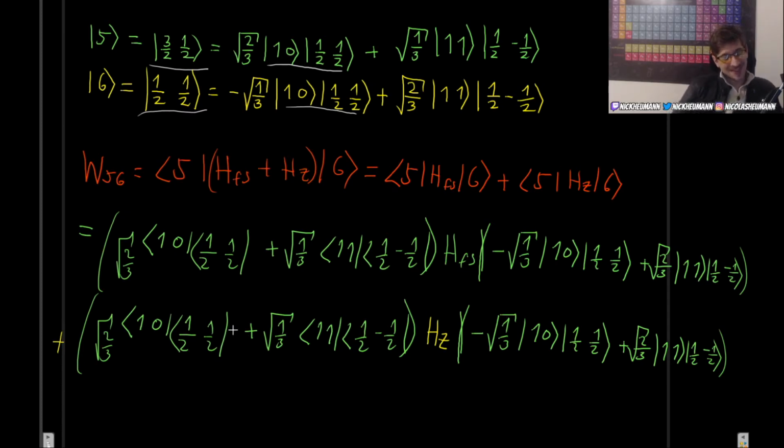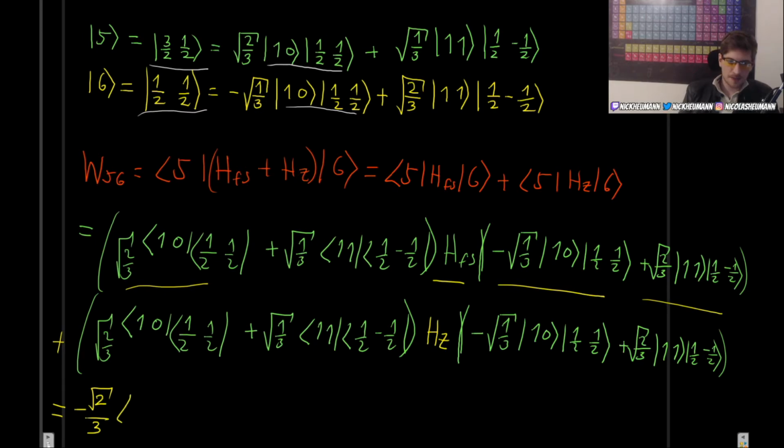So it gets a little bit annoying now, I'm going to admit, but we have to do it. So let's multiply this state times the Hamiltonian times this one. And of course, we will also multiply by this part, but that part will be 0 because the states are different. Okay, so we get square root of 2 over 3 times minus square root of 1 over 3. So we get minus square root of 2 divided by 3.